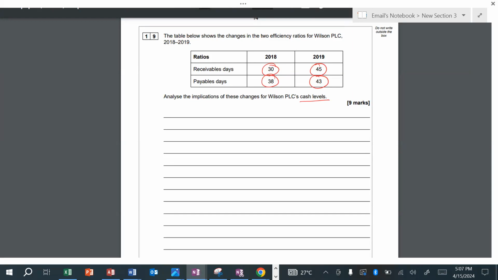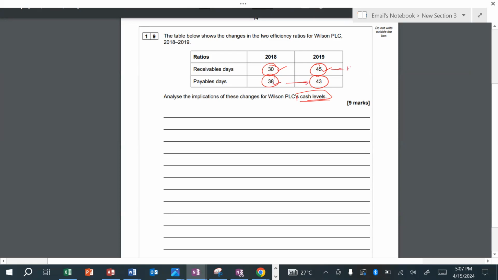Wilson PLC might have given some sort of credit to its customers. In 2018, it had a receivable day policy of 30 days. Now it has a receivable day policy of 45 days. What the examiner is asking you about is the liquidity position, what is going to happen with the cash level. And payable days, you have 38 and now you have 43.